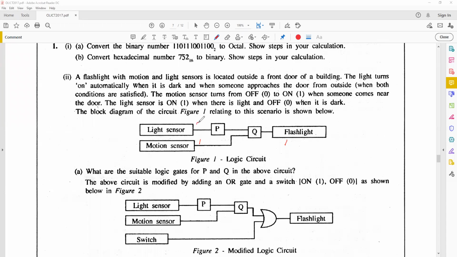And this is 0 when it is dark. Now both conditions should be satisfied, which means this is an AND gate, right? So this should be AND. And this is 1 and this is 1. So if you start with 0 to make it 1, this will be a NOT gate. So the answer is P is NOT gate, Q is AND gate.